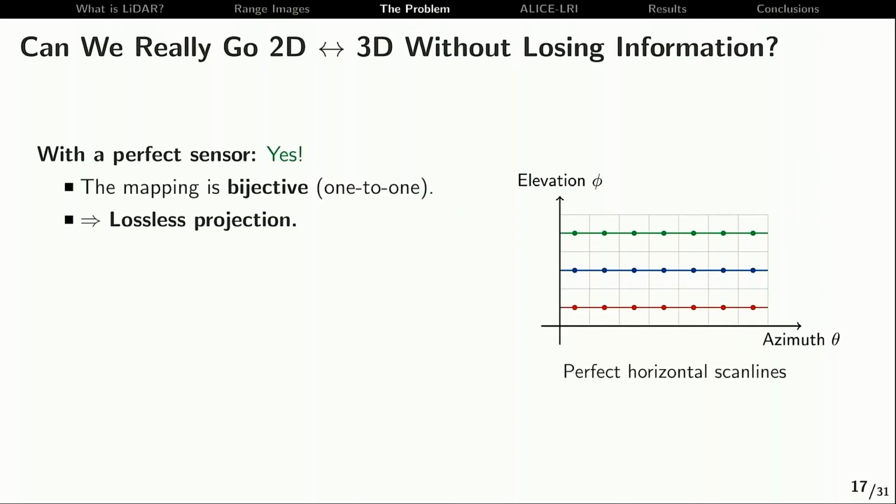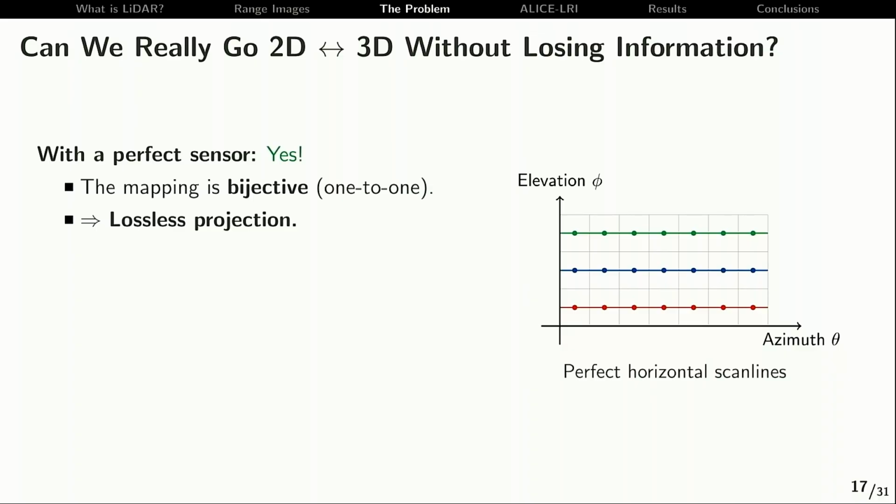This is because it's just a mapping between Cartesian and spherical coordinates. I will not go into details, but just keep in mind that it's bijective, meaning one-to-one perfect projection, which means it's a lossless projection, a projection where no losses occur. And yeah, with a perfect LiDAR sensor, this holds true.